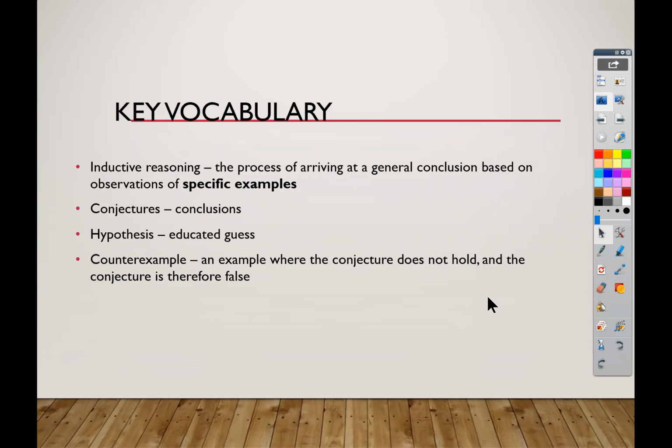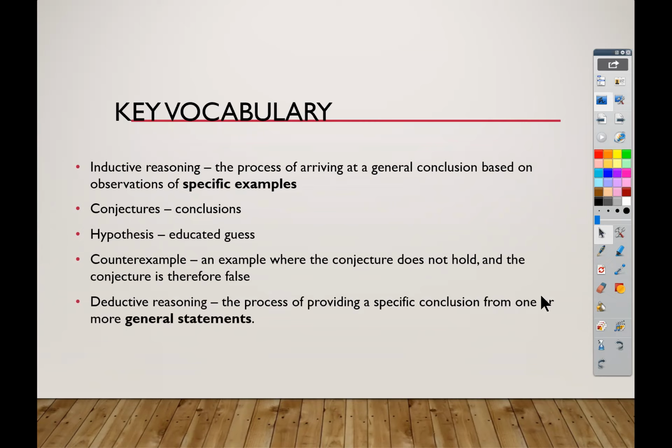A counterexample is an example where the conjecture does not hold, and the conjecture is therefore false. Deductive reasoning is the process of providing a specific conclusion from one or more general statements. And a theorem is a conclusion that is proved true by deductive reasoning.